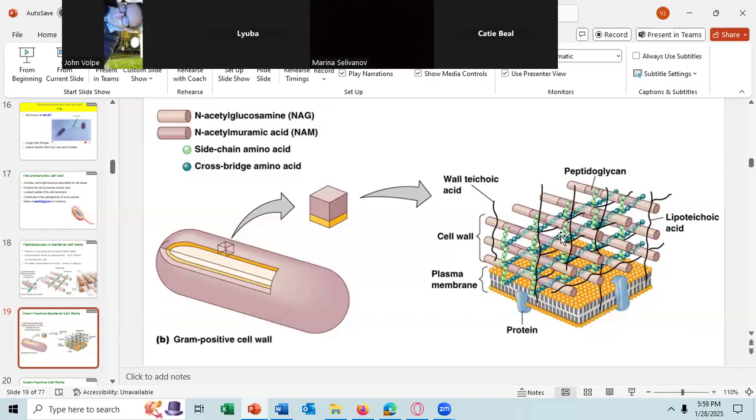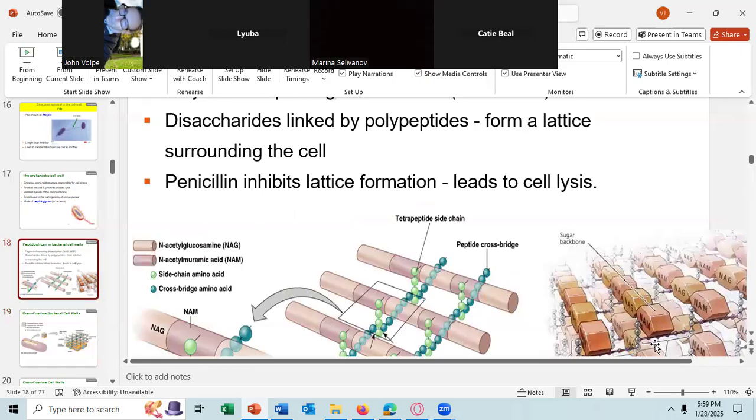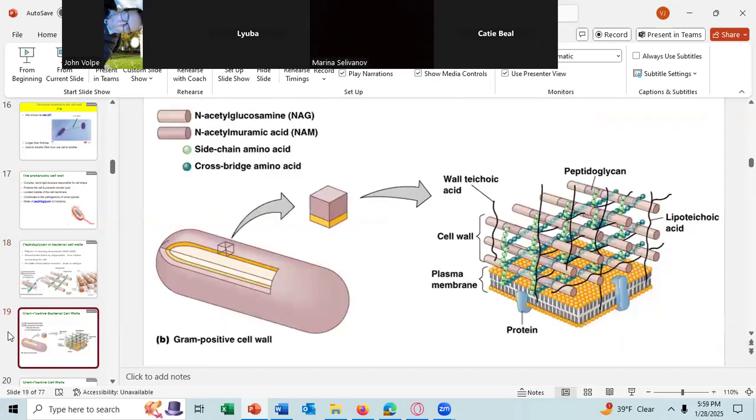The lipoteichoic acid can be in the cell wall where there are lipid regions in the cell wall, as well as in the cell membrane, which is mostly lipid.